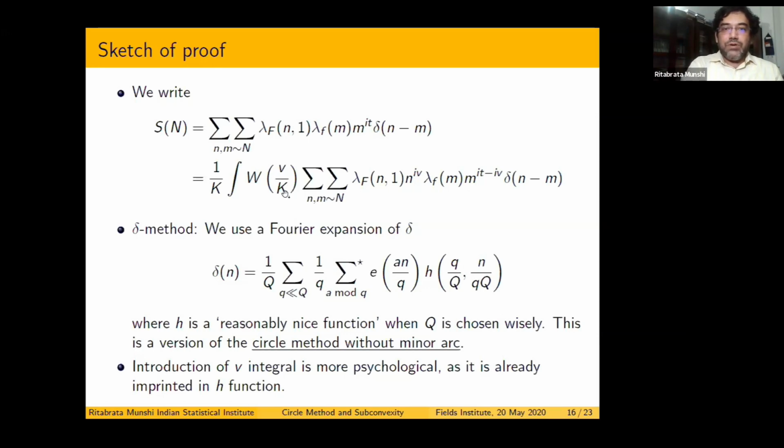If you forget that n equals m over here, and just look at the integral of (n over m) to the power iv, then this integral will be negligibly small unless n minus m is bounded by capital N by capital K. So saying that small n minus small m equals 0 is actually you're trying to detect an equation of size capital N by capital K.